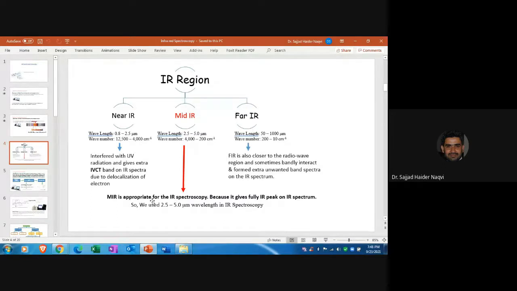So this is the point to be kept in mind, that when we do the IR spectroscopy, the region of the IR we are primarily interested in is the mid IR region, which, as I said, is appropriate for IR spectroscopy, and it gives a full IR peak on the IR spectrum, and the range is between 2.5 to 5 micrometer.